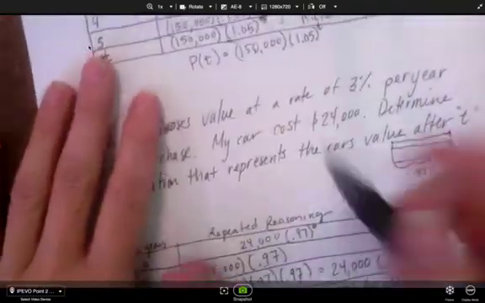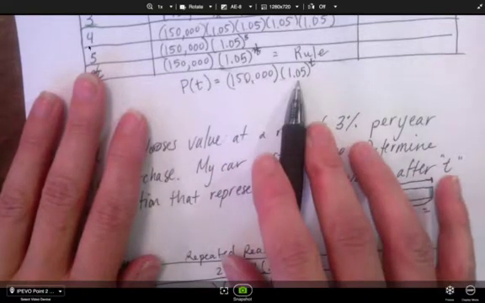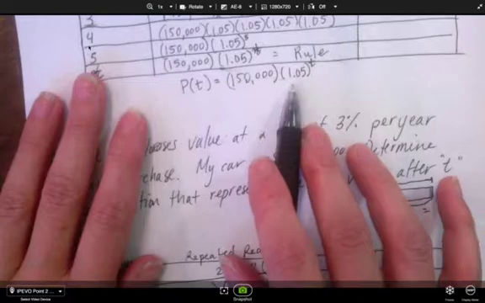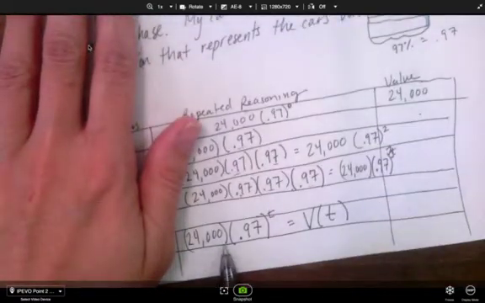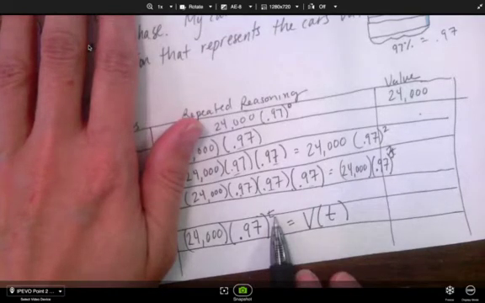Okay, so really quickly before we move on, I want to look at a couple of things. Things you might notice is in each case we have our starting value times our multiplicative rate of change to the T, and then here we had our starting value times our multiplicative rate of change to the T. So in each one of these scenarios, we're going to generalize.